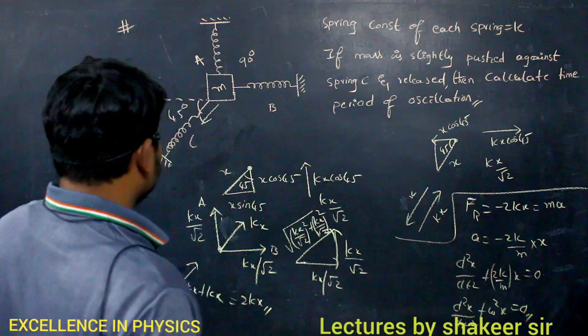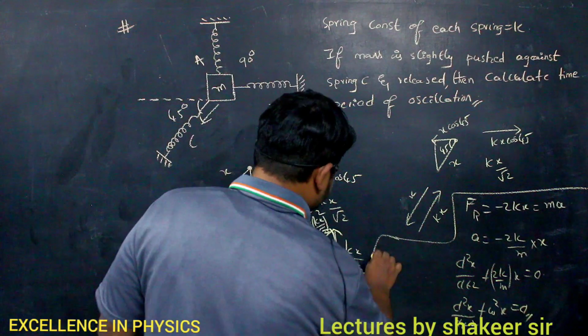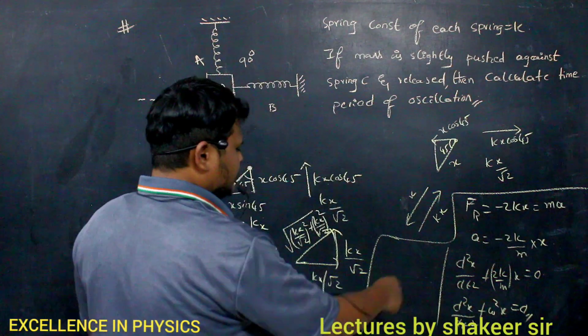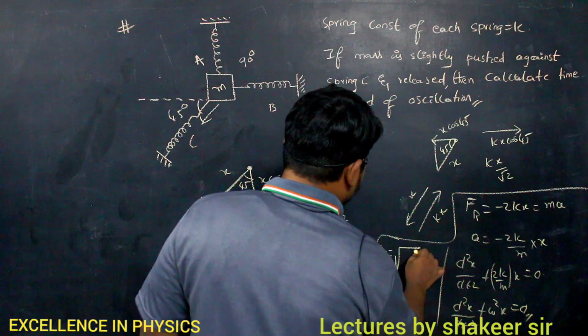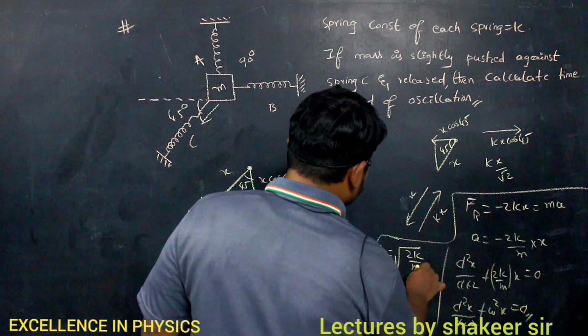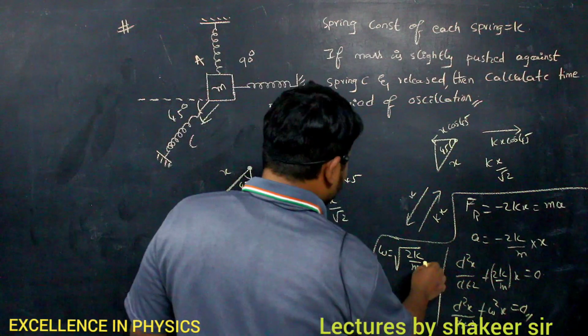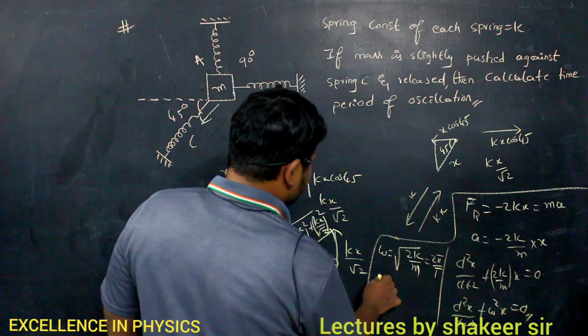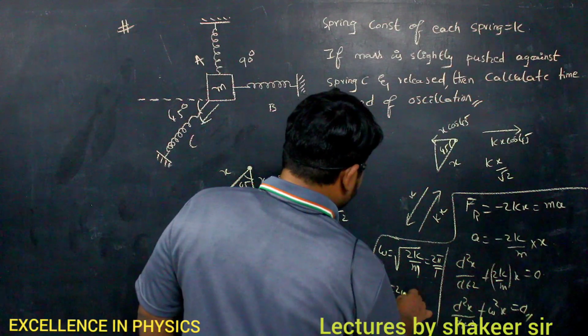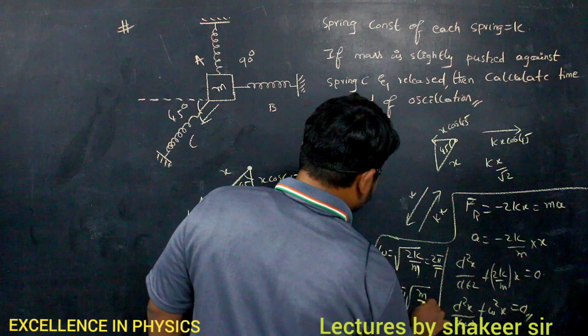Clear? So by comparing these two equations, I will get omega equals square root of 2k divided by m. And what is omega? Omega is nothing but 2 pi divided by capital T. So therefore the T value will be 2 pi into square root of m by 2k.